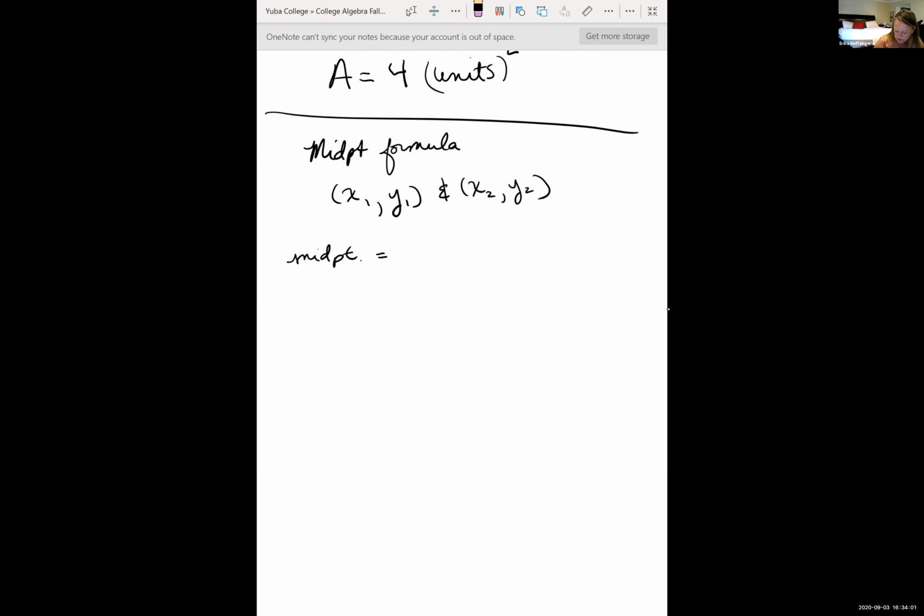Midpoint is equal to, for the x value of that point, you're going to take the average of those x values. So to take an average of something, you would add them together and divide by that number. So in this case, x sub 1 plus x sub 2 divided by 2. We want the average halfway of the y value, so y sub 1 plus y sub 2 all over 2.